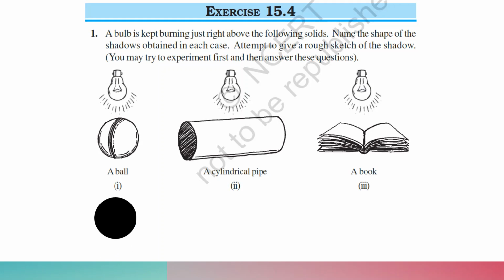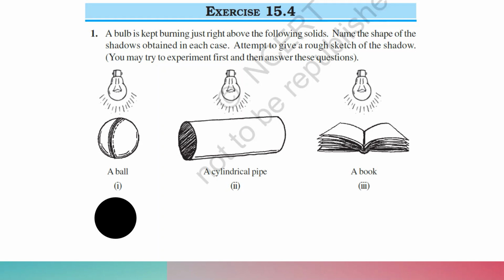The second example is of a cylindrical pipe. You all have seen in the previous example that when the light was projected from one of the sides of a cylinder, the shadow was in the shape of a circle. But what if the light is projected from the top of the cylinder?